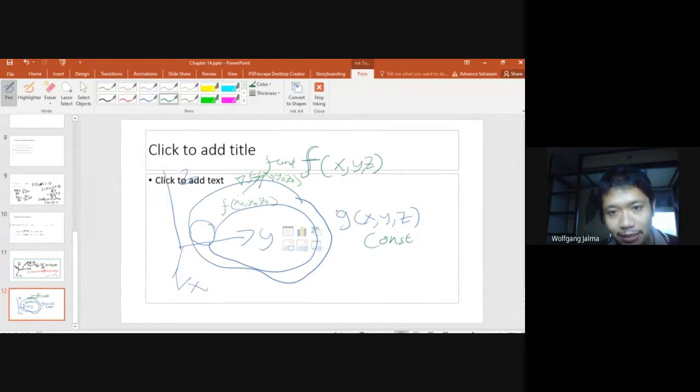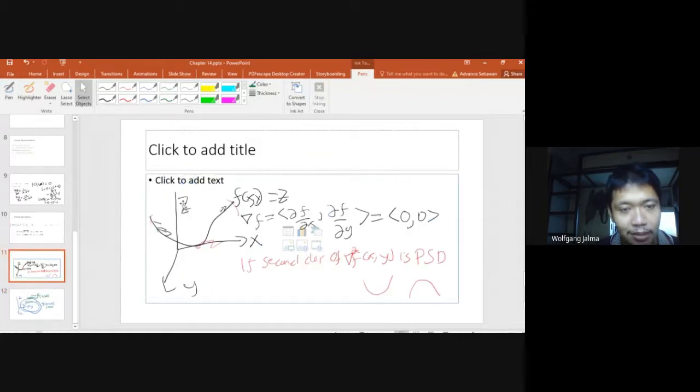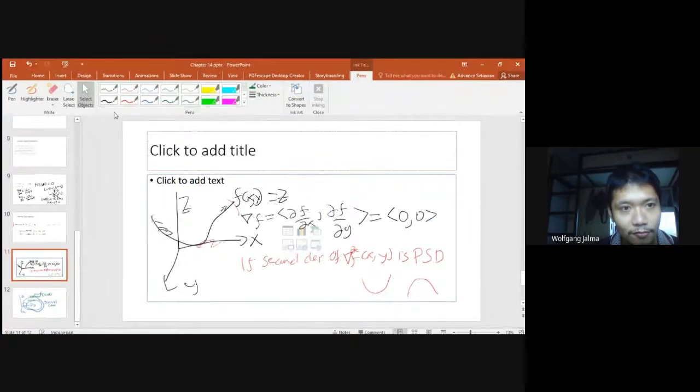Before, in the previous example, if I begin at this point, how do I get a lower value of f?